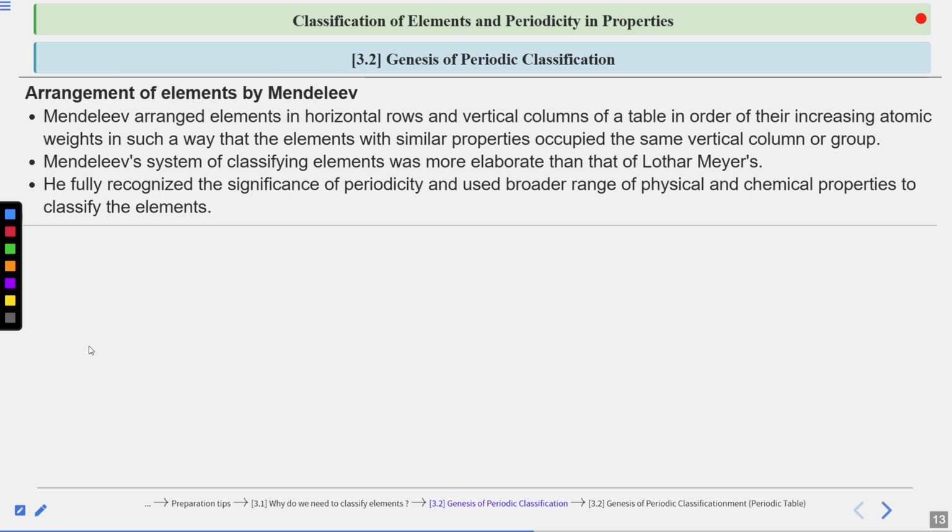First, Mendeleev arranged the given elements in increasing order of their atomic weight. But if he saw that the increasing atomic weight was not justifying the position of the element, then he put the element in that position where its properties are similar to the previous one. We will try to understand the same with the help of a table.